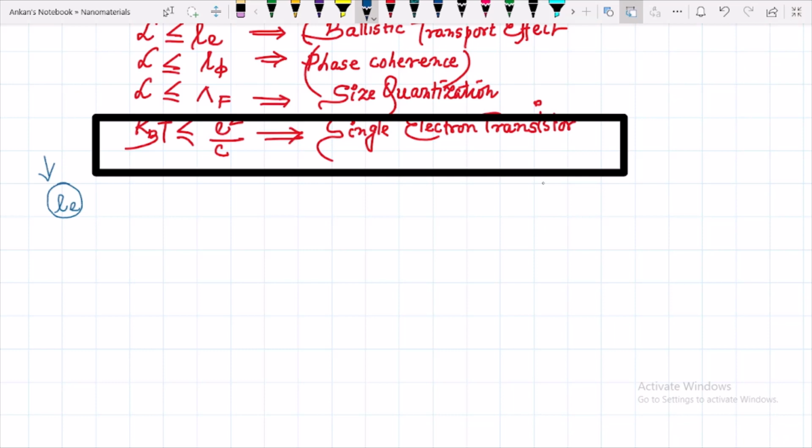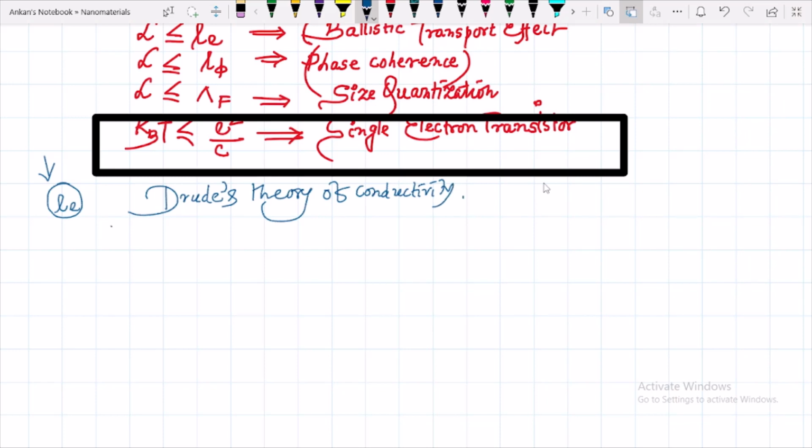Now, to give the explanation regarding the nature of Ohm's law in the case of nanostructured material, we have to consider Drude's theory of conductivity.